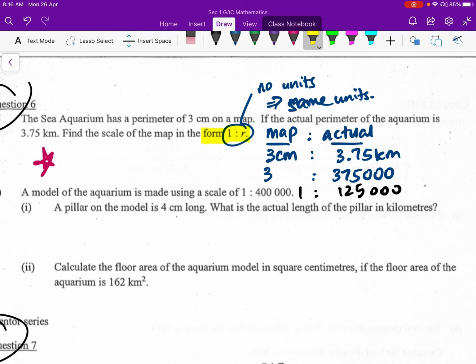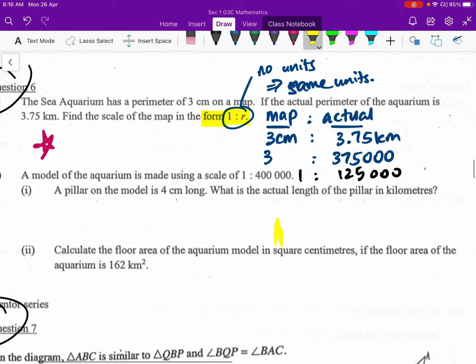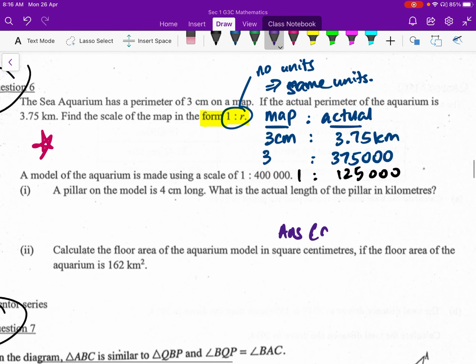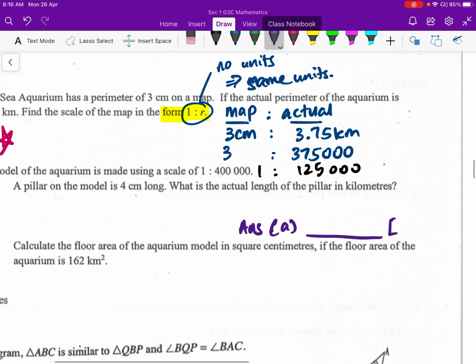So, what do you expect in your question paper? You will see answer. I'm talking about presentation now. Answer. This is for part A. Like this. I'll show you. This looks like it is worth, if they are generous, 2 marks. Then what are you going to write inside here?